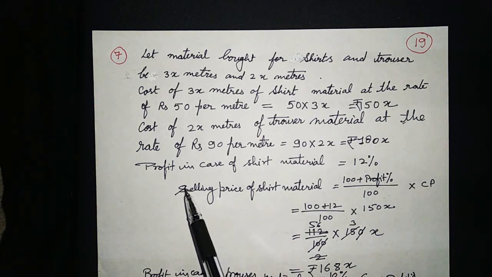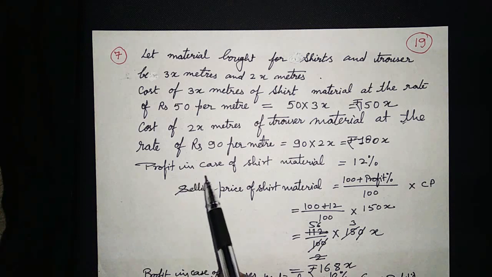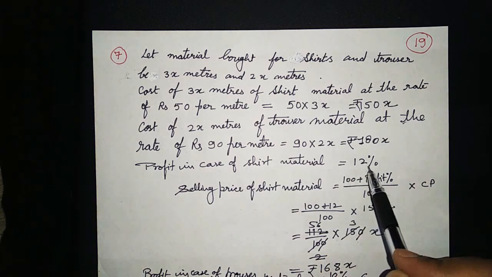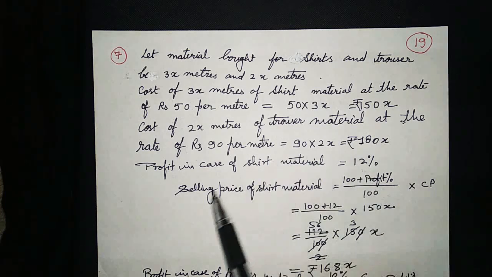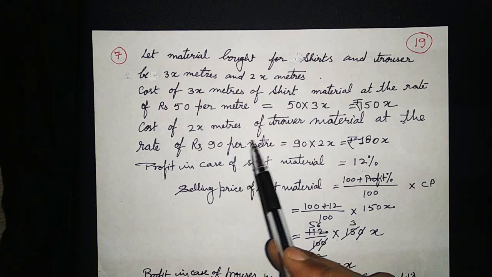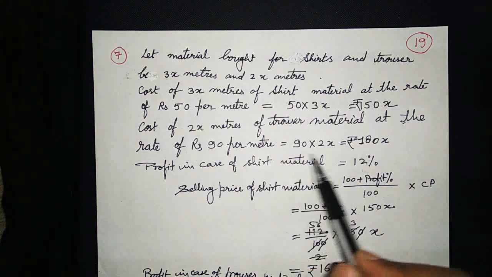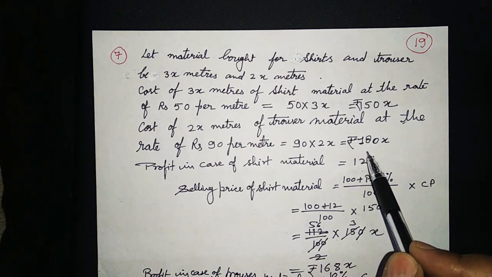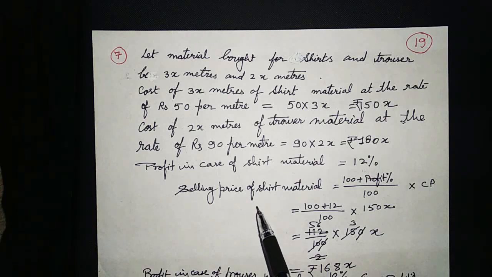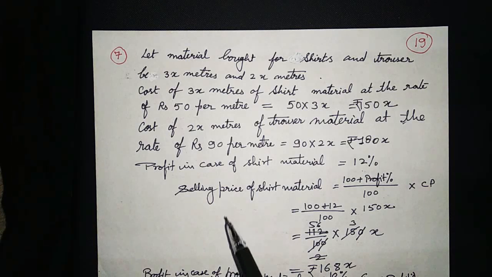Now it is given that the profit in case of shirt material is 12%. So we will now find out the selling price of shirt material. We have calculated the cost price of both. Now we will calculate the selling price of shirt material and the selling price of trouser material.